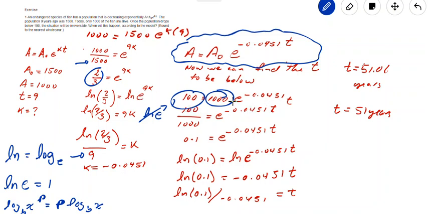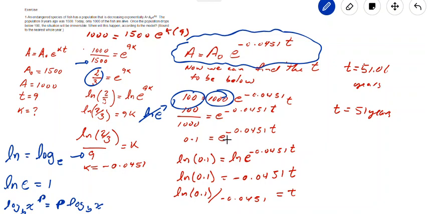And then we have e to the power of negative 0.0451t. So I divide by 1,000 on both sides. I get 100 over 1,000 equals e to the power of negative 0.0451t. 100 over 1,000 is 0.1, so 0.1 equals e to the power of negative 0.0451t.